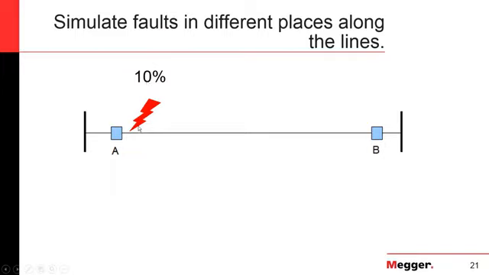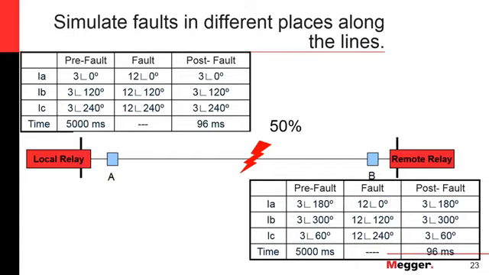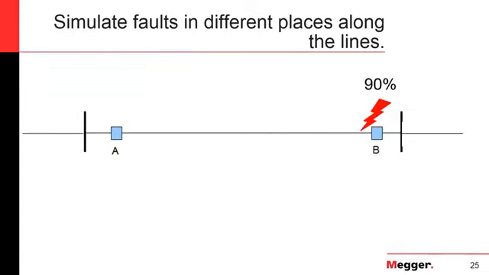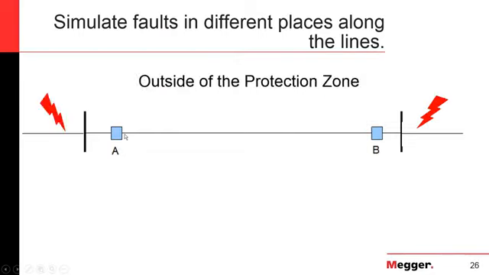I say here 10%, but you can simulate the fault as close as you want to relay A, or as close as you want to relay B. Usually, I recommend 10%, 30%, 50%, 60%, and 90% of the line, and of course faults outside of the protection zone, to see what happens when relay B has to act because it falls into its zone 3 or 4 or whatever, but relay A doesn't have to.